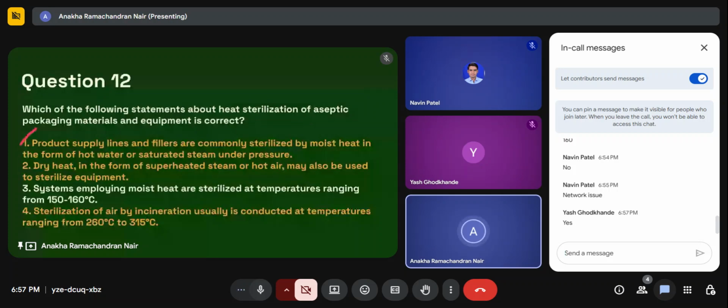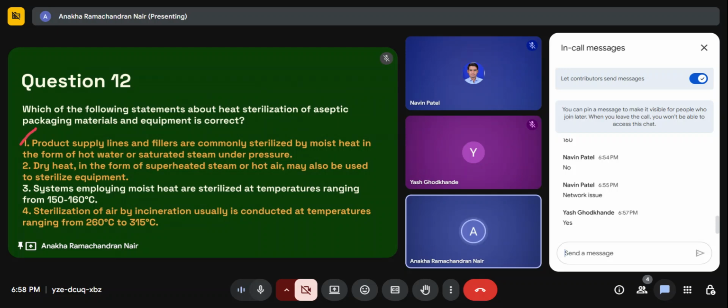All right. So I'm hoping that you are able to see the PPT and hear my voice now. So, like I was saying, the product supply lines and the fillers are commonly sterilized by moist heat in the form of hot water or steam under pressure. Since they are not a part of the packaging technically, they are just part of the supply line, the amount of water is not a problem there.